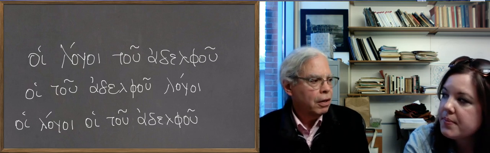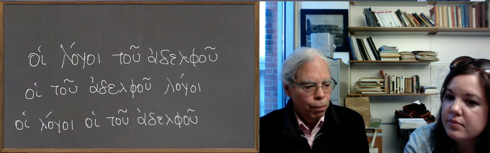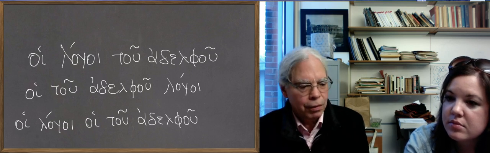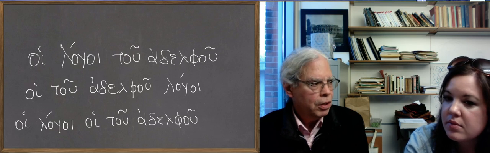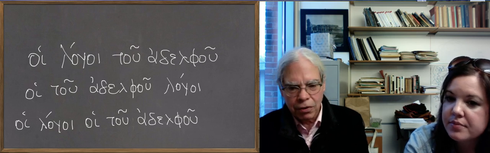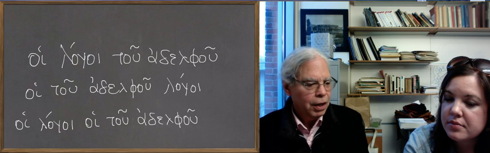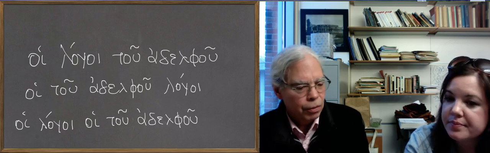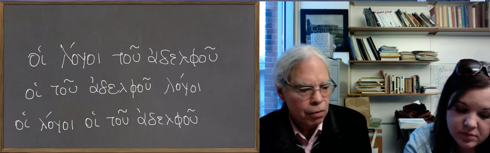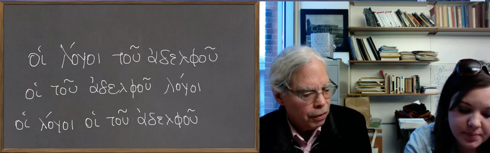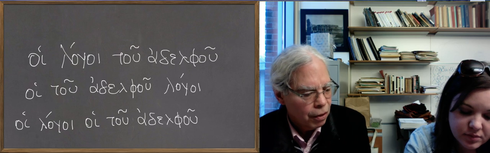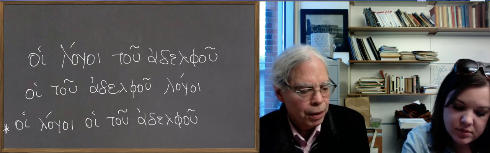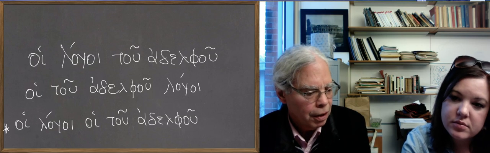In a language like Greek that doesn't have word order rules that identify the grammar, there's a rule about contingency, about things being next to each other. But sometimes things that are next to each other, well, there's things to the right and left of them, and you can't necessarily tell where they go, okay? So Greek uses the definite article to group things together. And in the third example, the words, the ones of the brother, okay, is an even more flagrant way of grouping tu adelphu with logoi.